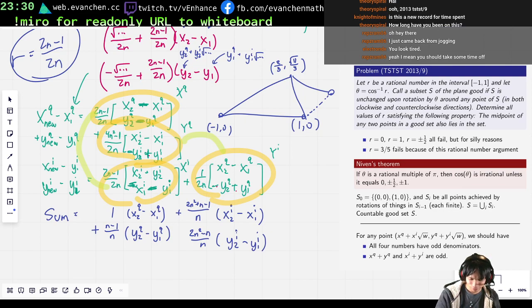I'm just frustrated. I'm upset that this one case is just not dying, because I feel like I have almost every value of R, except for this one case. I can't get R equals (2n minus 1) over 2n for odd n. That's it.